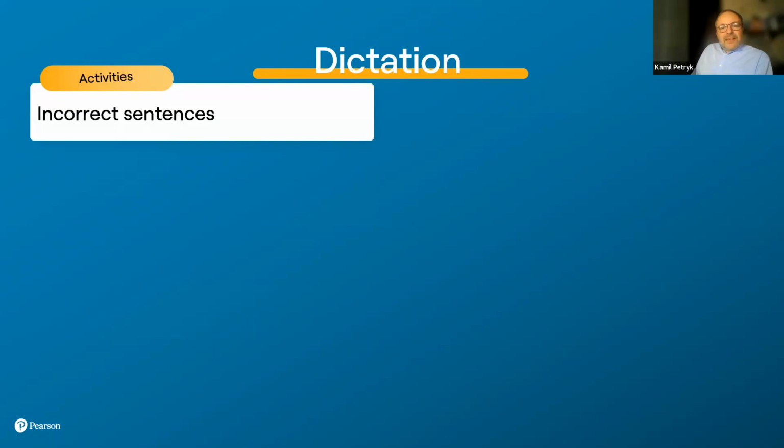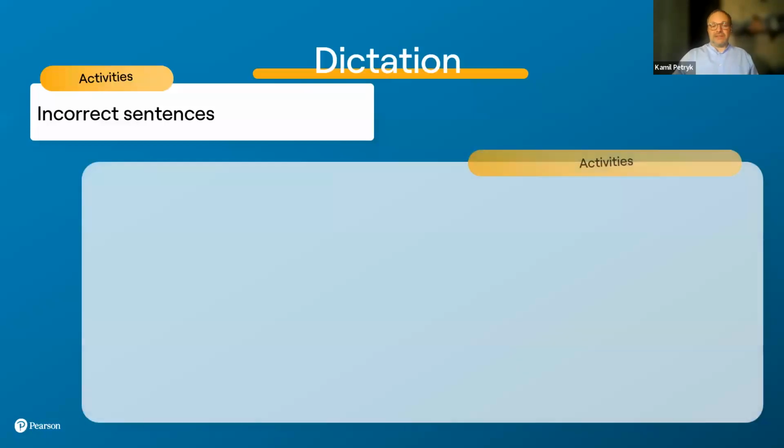Speaking of correcting spelling, this is another idea for an activity in which you should expose students to incorrect sentences from time to time. Obviously, this is not what we should do continuously, but just to give them practice in correcting spelling, in correcting mistakes, which will take place not only in dictation, but in any writing task that we're going to discuss today.